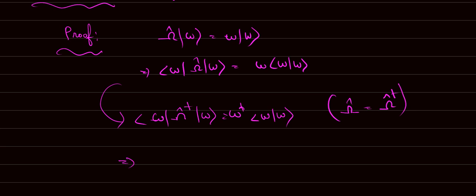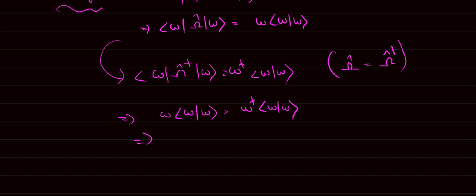So by that logic we get this, and this cannot be 0 because you cannot operate on zero vectors.